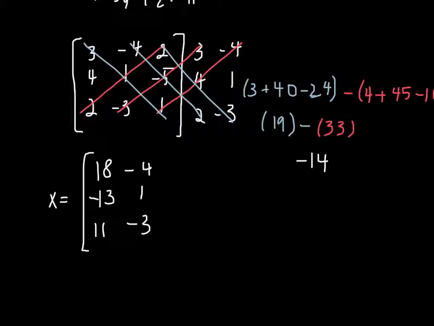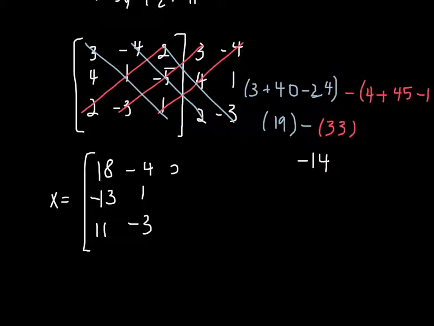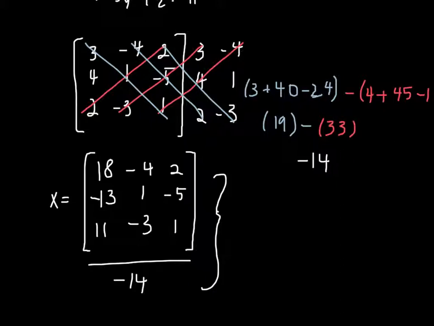And then finally our z values are 2, negative 5, and 1. And then we're going to divide by the determinant. So when we simplify this, we get. So we're going to go over how to evaluate this determinant first.